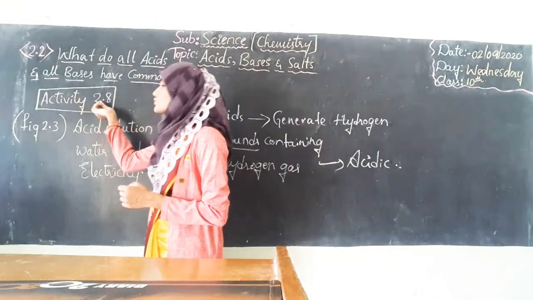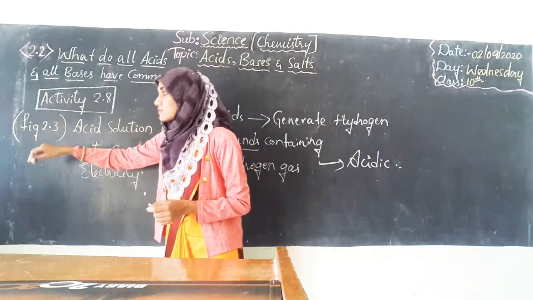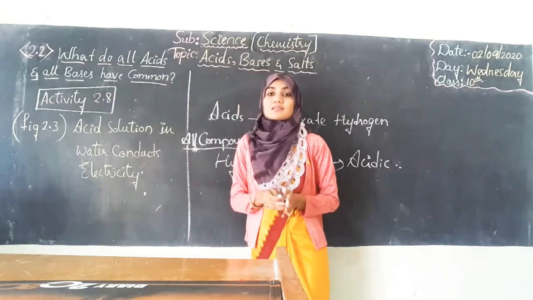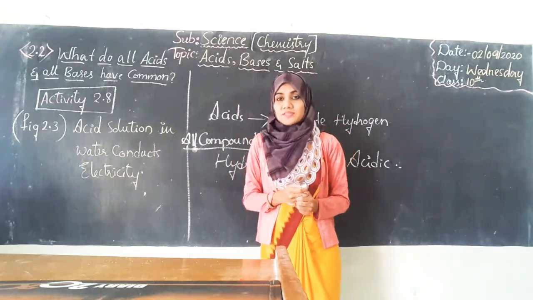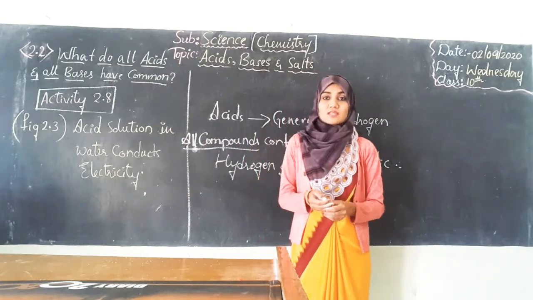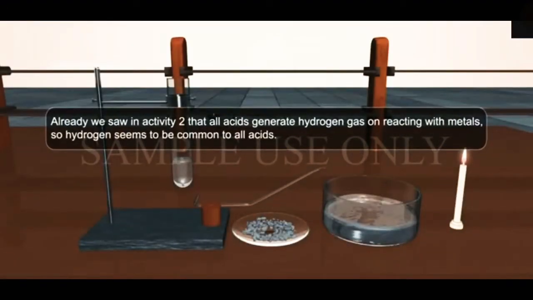The activity is 2.8 in your textbook, and the related figure is 2.3, that is, acid solution in water conducts electricity. So let us perform this activity and see what the acids and bases have in common.